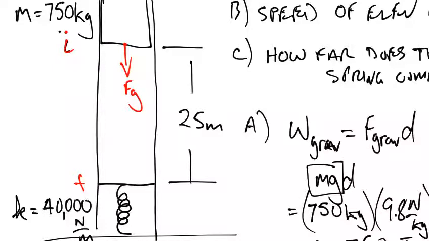Initially, in terms of energy, we've got gravitational potential energy, and finally, let's say this is zero. We don't have any gravitational potential energy anymore, but we do have kinetic energy. So we would say mgh, which is the gravitational potential, equals 1/2 mv squared.